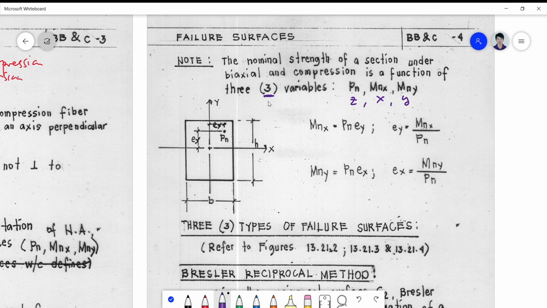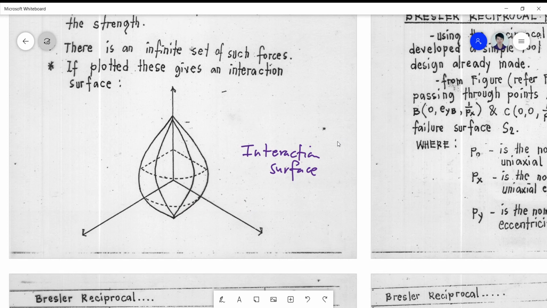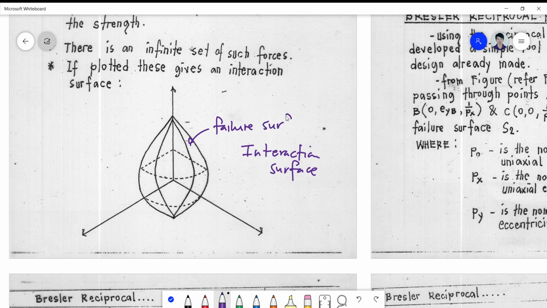Okay, so Bresler defined the failure surface differently. What is the normal failure surface is given here. You call this now the surface of such an interaction diagram, the normal or the common failure surface that we are actually referring to. Okay, so your vertical axis is the Z axis, which is the Pn.